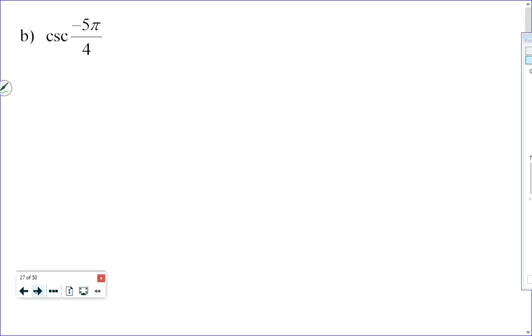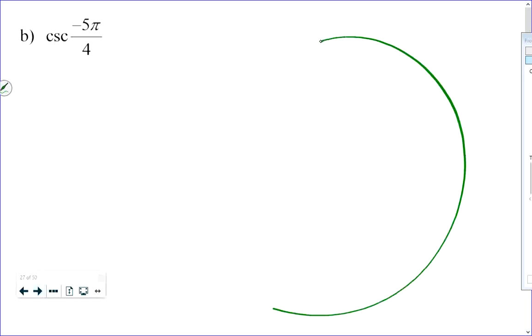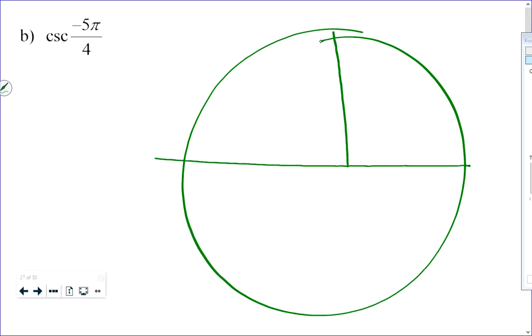Well, again, we're going to use the unit circle. Negative 5 pi over 4, let me get a circle going here. Pi over 4 is a 45-degree angle. That's not a fantastic circle, but it will do. Pi over 4 is a 45-degree angle, so we know the numbers are going to be the root 2 over 2's, I hope. Right?